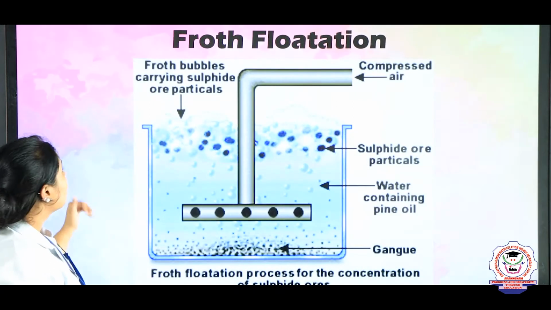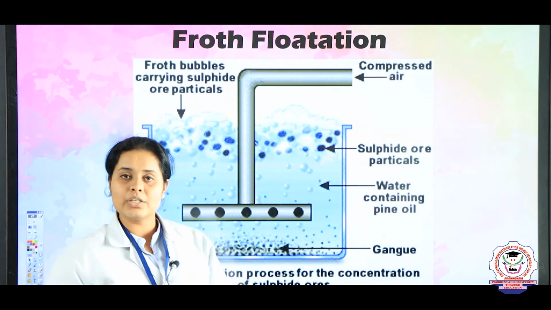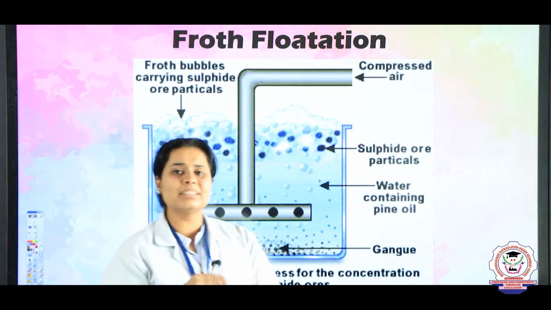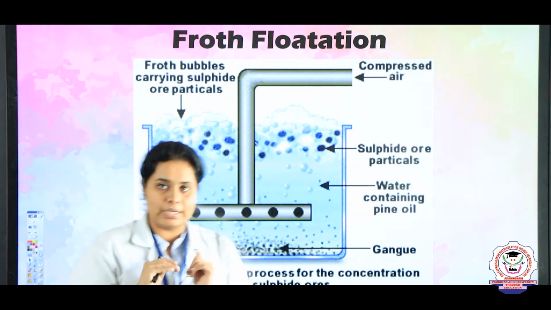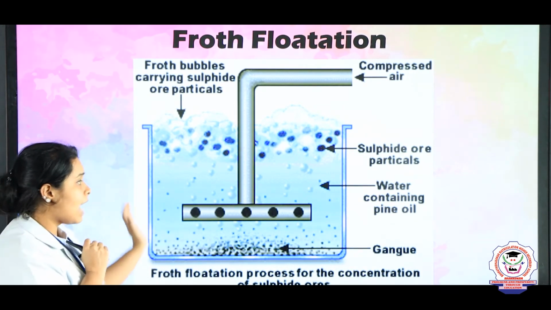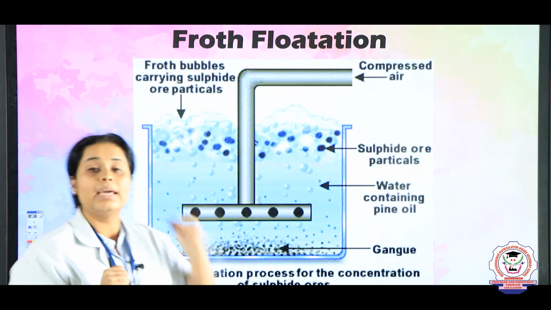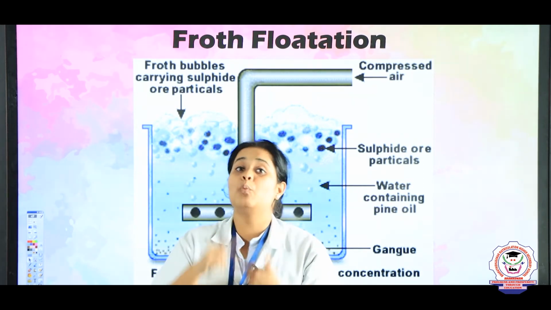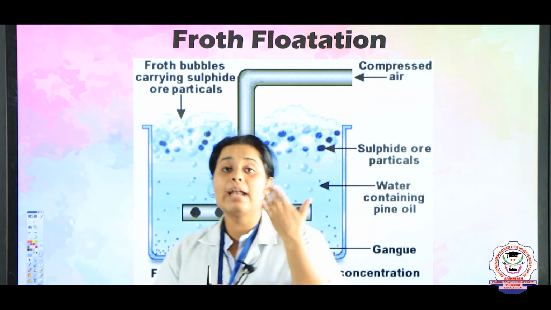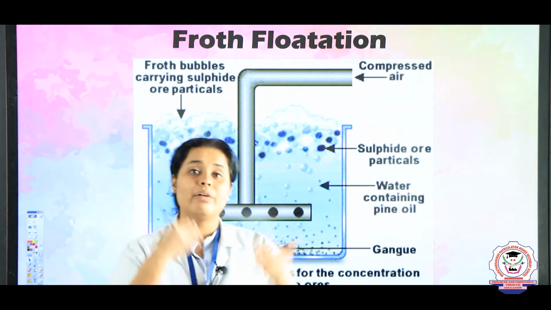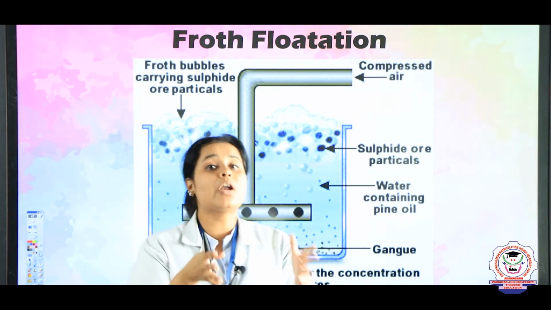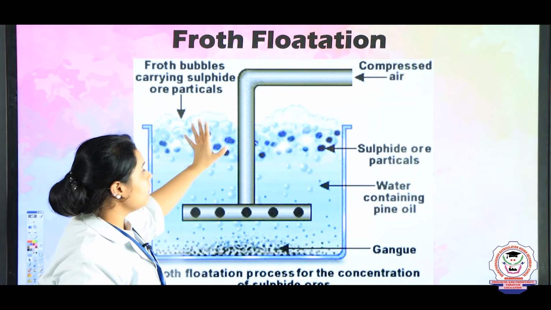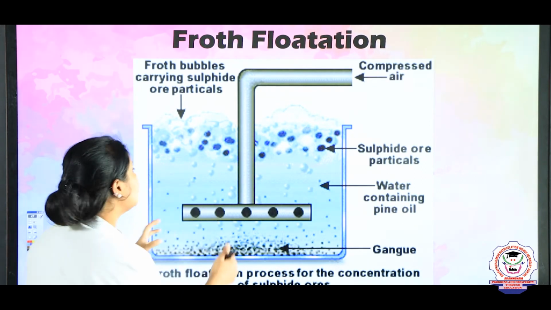The third one is froth flotation. In froth flotation, you are adding a mineral, for example some sulfide, say zinc sulfide. When zinc sulfide is added inside a solution, we add two things: one is an oil, which binds very well with the sulfides, and another is a liquid which will dissolve the impurities.